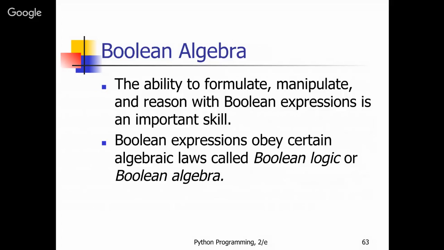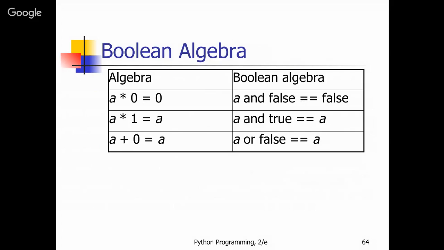And the Boolean expressions follow a different kind of logic that is called Boolean logic or Boolean algebra, also invented by George Boole. And so these are the rules and how they translate between algebra and Boolean algebra. So Boolean algebra is different than algebra.